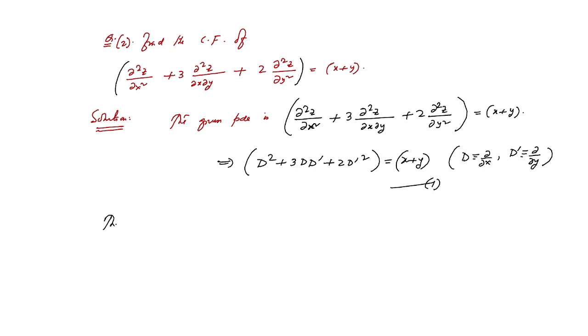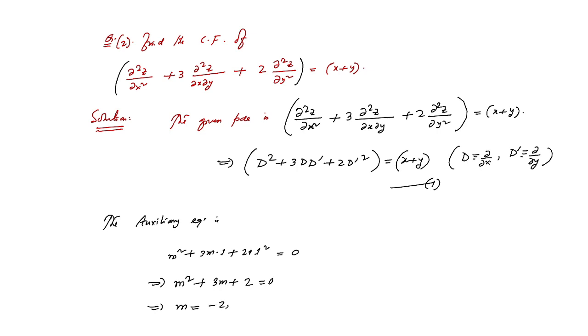So now the auxiliary equation is m square plus 3m into 1 plus 2 into 1 square equals 0. That means m square plus 3m plus 2 equals 0. So here m equals minus 2, minus 1.